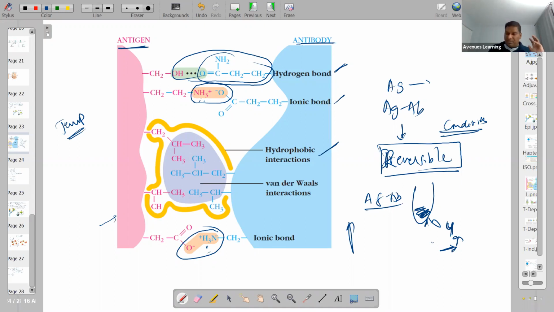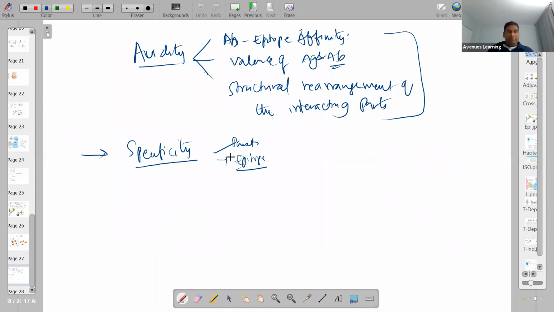Only when the epitope of this antigen and the paratope of this antibody come together are these interactions formed, and that is how the antigen-antibody complex is stabilized. So there will be a specific epitope and a paratope which can come together. In other words, antibodies are highly specific. They bind only to the specific epitope of an antigen.